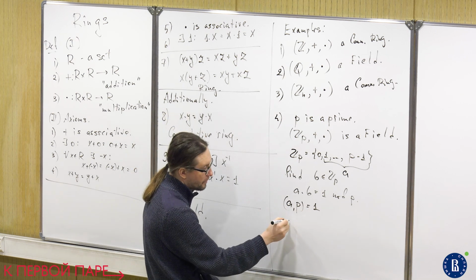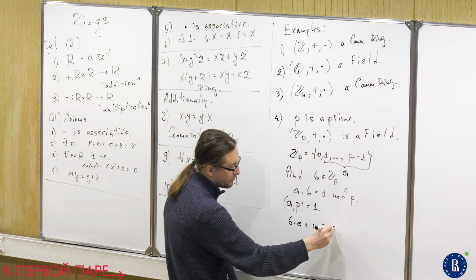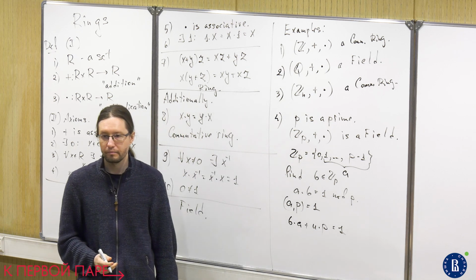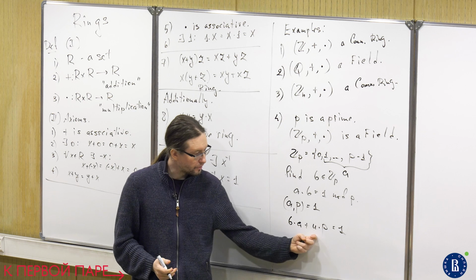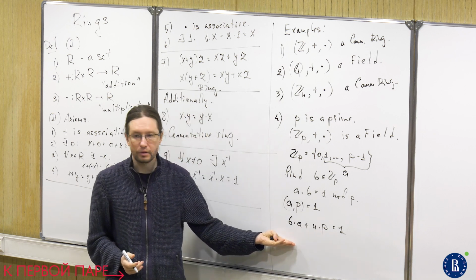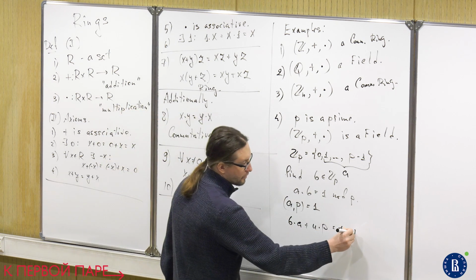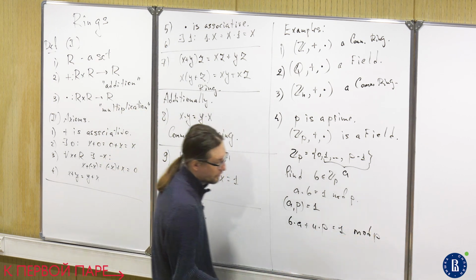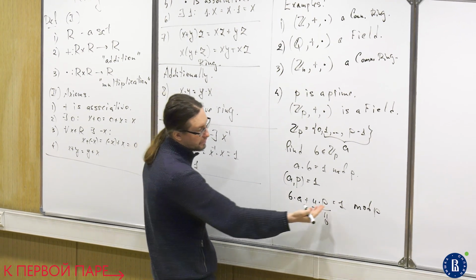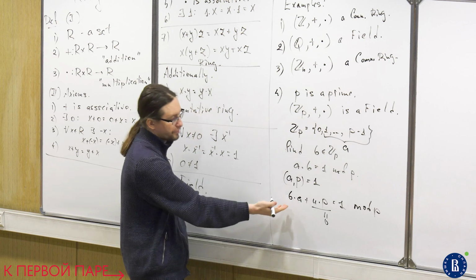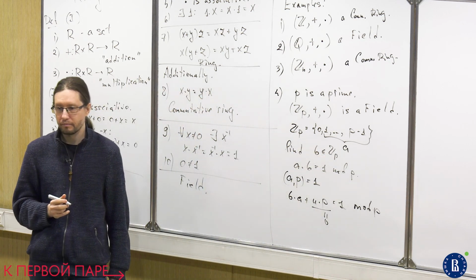So we can write B times A plus U times p equals 1. So there exist integers B and U such that this equality holds. But now let's take this equality modulo p. Now when we take it modulo p, this term is 0. So we have A times B equals 1 modulo p. So the remainder of B is what we are looking for.